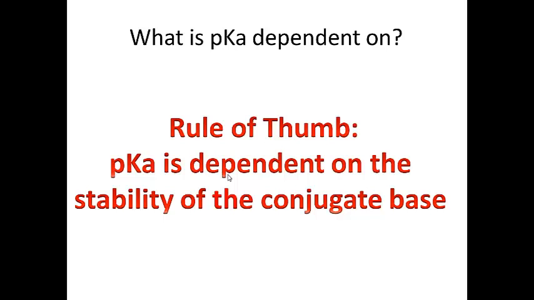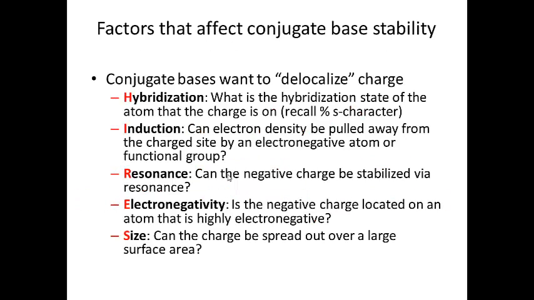This is a rule of thumb. pKa is dependent on the stability of the conjugate base. So the more stable the conjugate base is, the lower the pKa will be for a particular acid. The reason we can say that is because we know that conjugate bases want to delocalize charge.